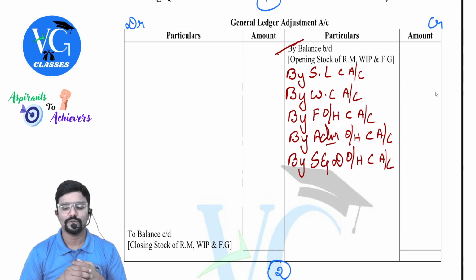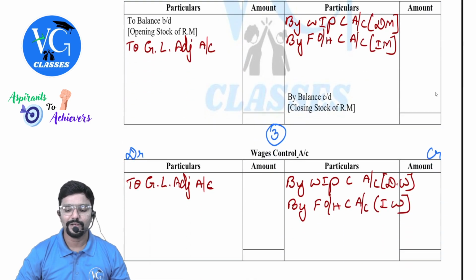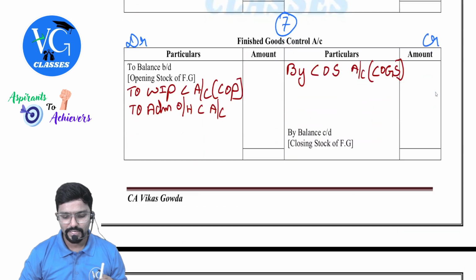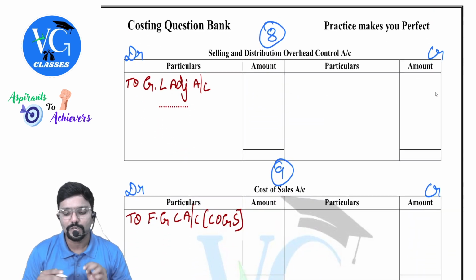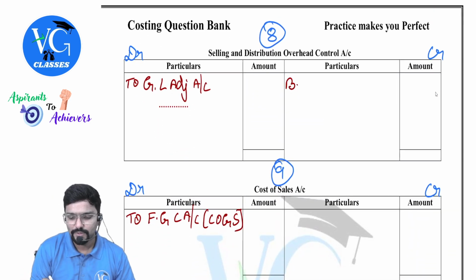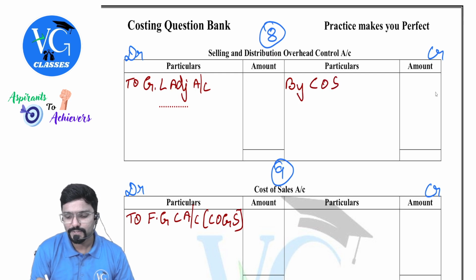Okay, sir. Then with incurred done, now let us absorb it. Selling and distribution overhead absorbed will go to which account? Cost of sales account. By cost of sales account.